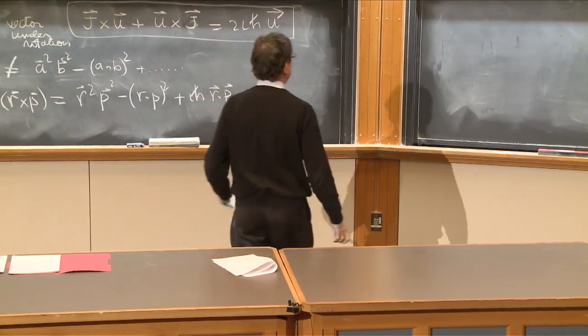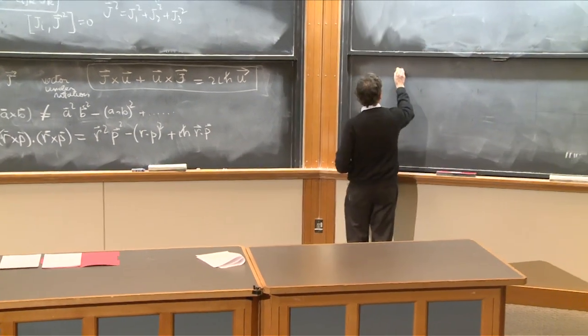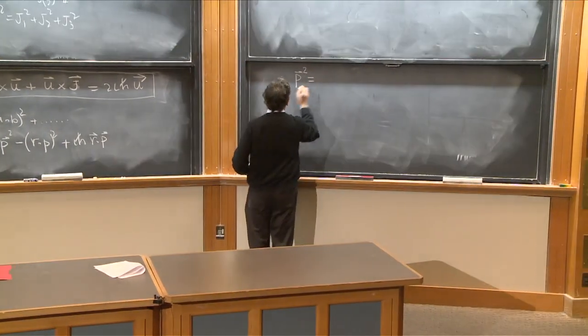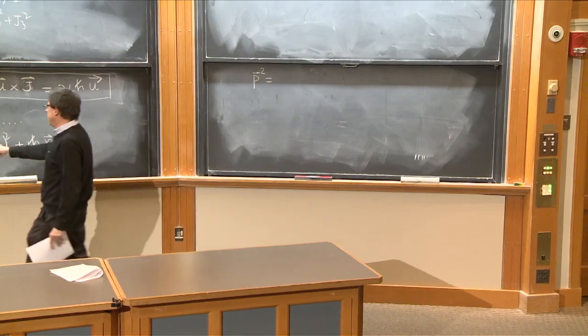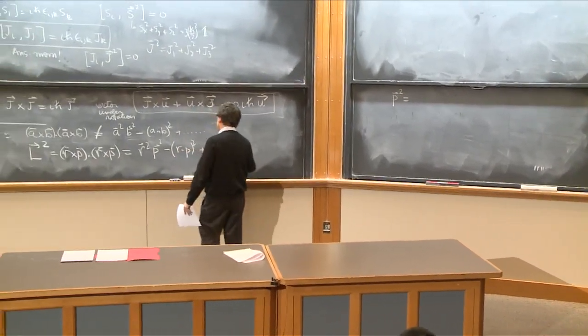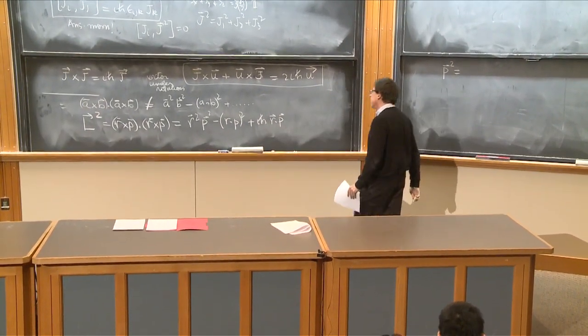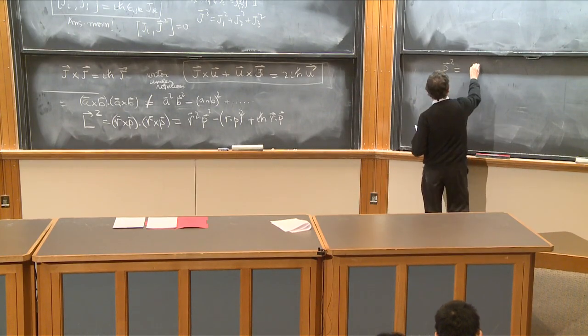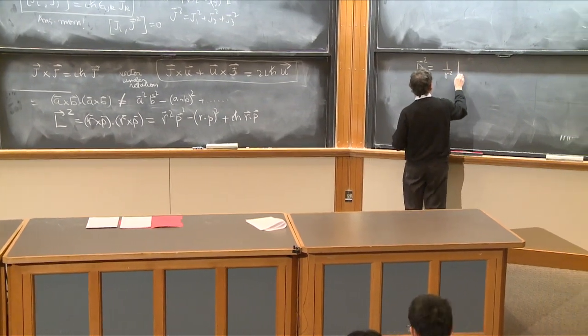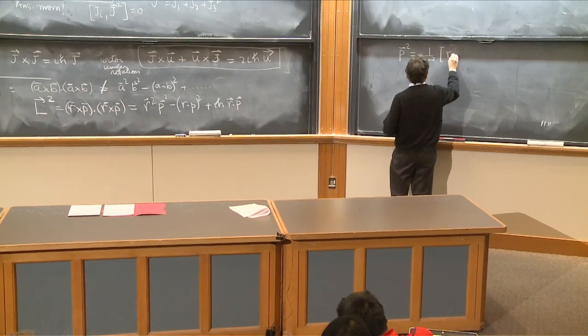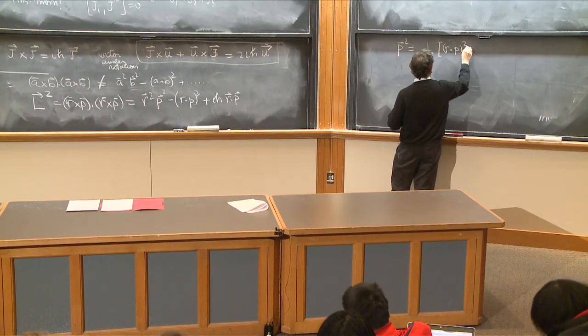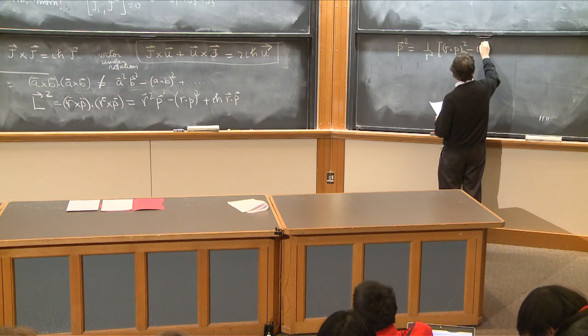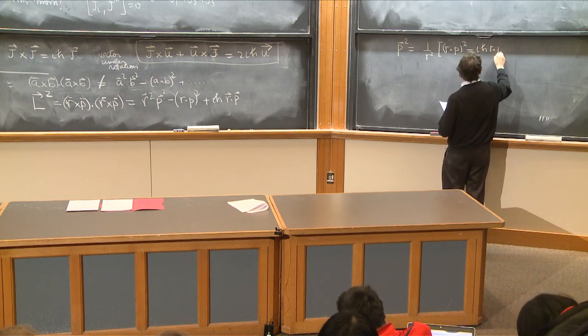And from here, we typically look for what is P squared. Solve for P squared. So what we do is pass these other terms to the other side. And therefore, we have 1 over R squared, R dot P squared minus i h bar R dot P.